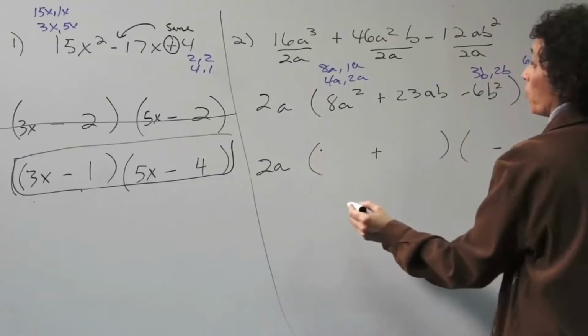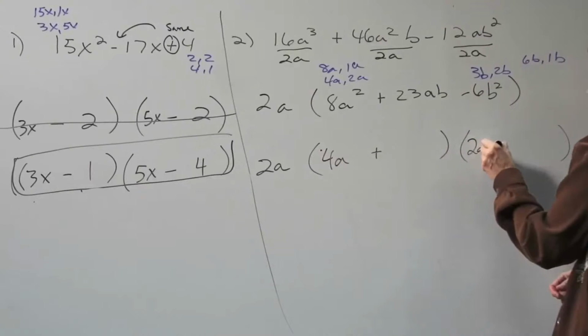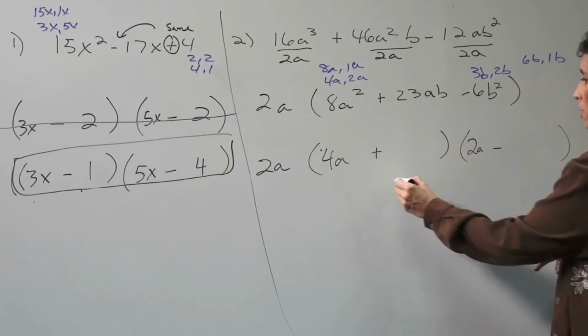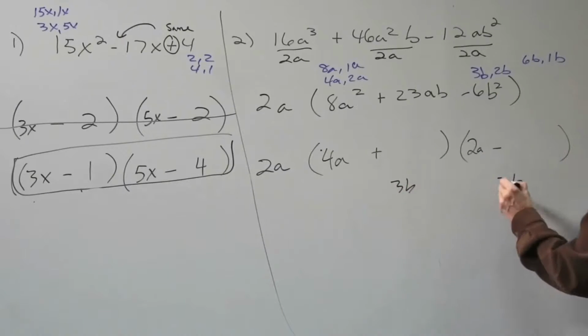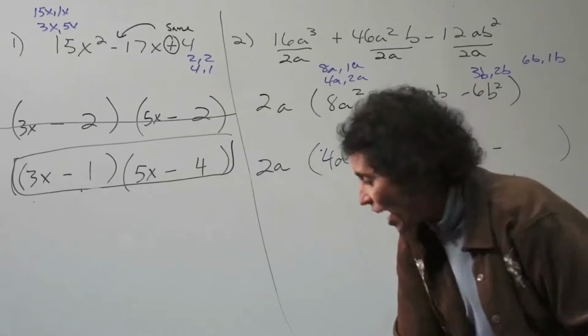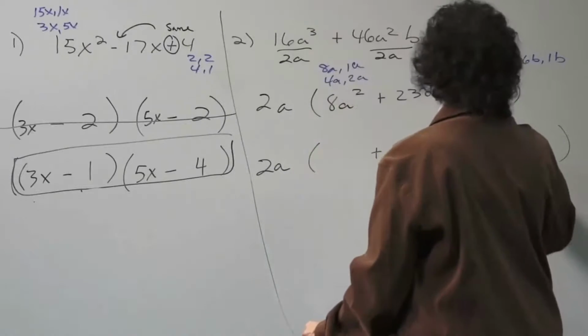Oh, I can't try 4a and 2a. You know why? I'll show you. Because if I try 4a and 2a, I can't use 3b and 2b, because no matter where I put the 2, there's going to be a common factor. And I can't use the 6b either, because there'll be a common factor. So 4a and 2a is out. See, that kind of helps, right?